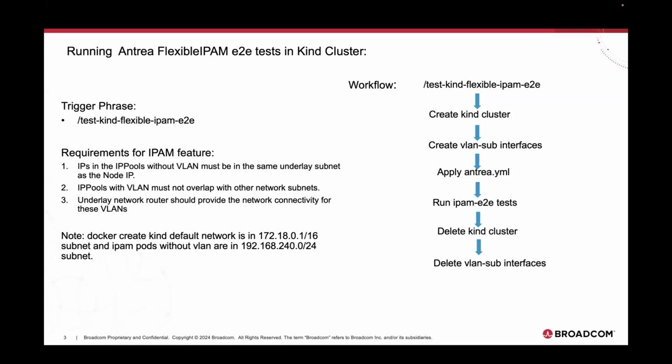For this we are using VLAN trunking. We know that the Docker-created kind default network is in the 172 range, but our IPAM Pods without VLAN are in the 192 range. So according to the first requirement, we need our kind network to be in the 192 range. So let's see how we are going to do that.